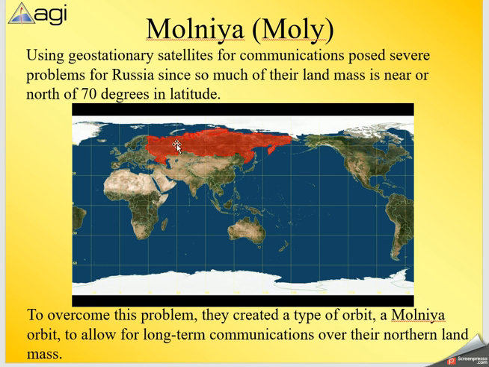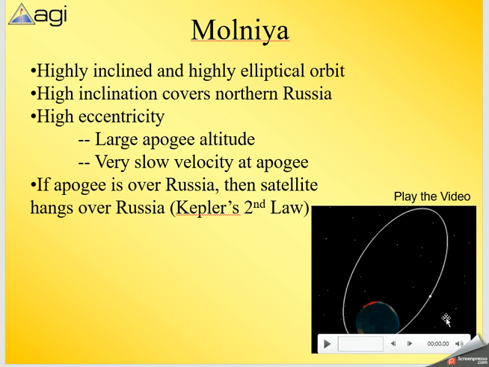The Molniya: using geostationary satellites for communications posed severe problems for Russia, since it is above the 70-degree latitude. So therefore, they created the Molniya orbit for long-term communication over the northern land itself. Looking at that orbit, it's a highly inclined and highly elliptical orbit.